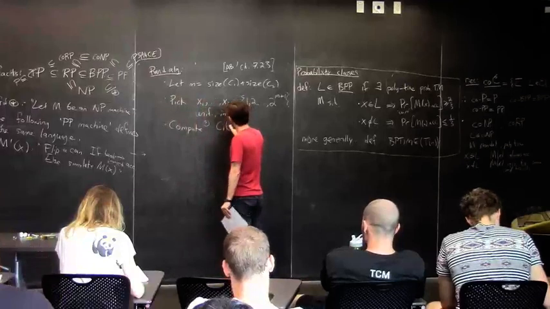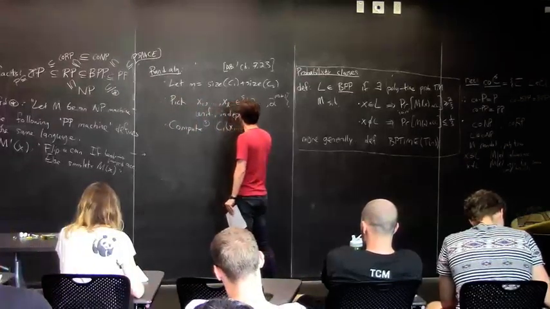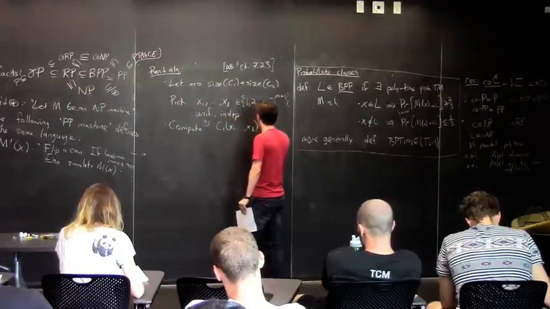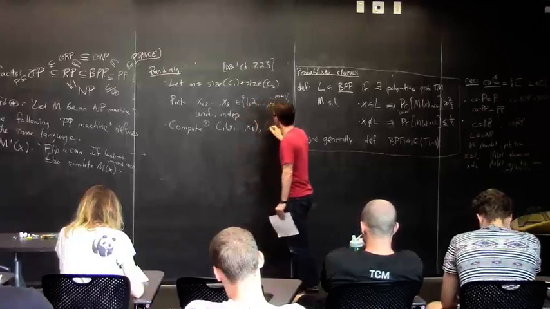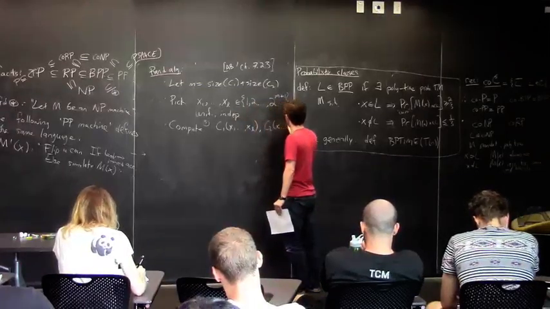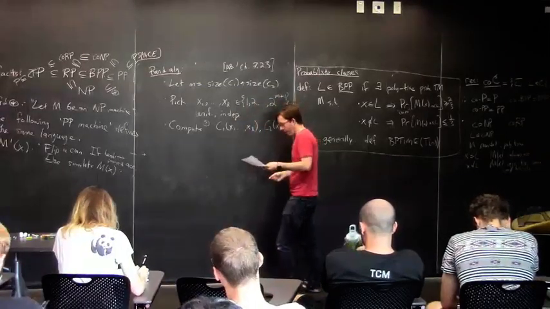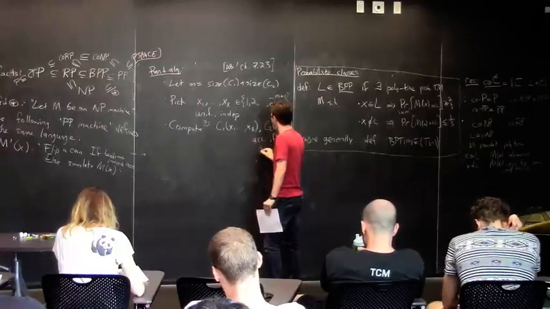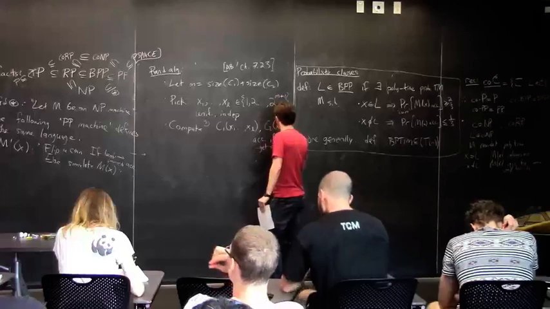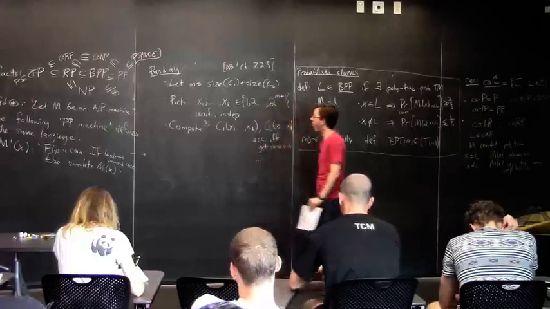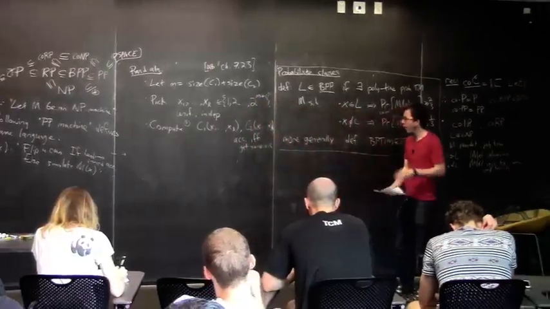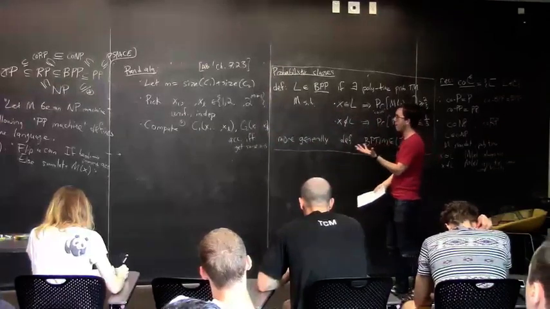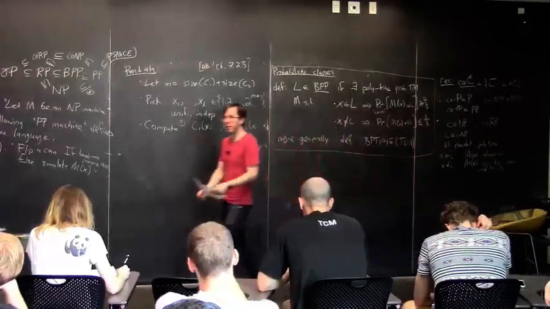Compute, as I said, the circuit's values on these randomly chosen inputs, the same ones, of course. And accept if and only if you get the same answer. Of course, if they really are computing the same function, then you'll certainly get the same answer.